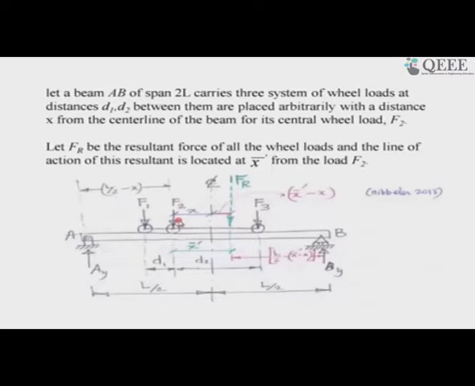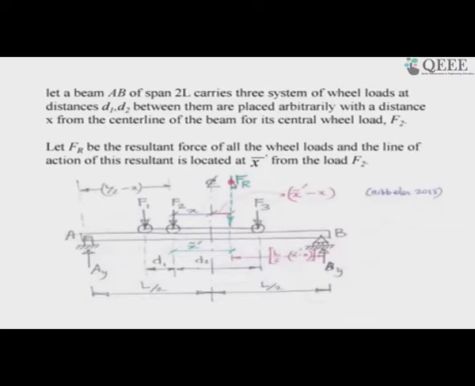I have to examine what the absolute maximum effect is. If Fr is the resultant force of all the wheel loads, this is the line of action of the resultant. So, please remember that either you have this resultant force or you have this load system working on the system. They do not exist together. So, this is the resultant force, that is why it is shown in green.